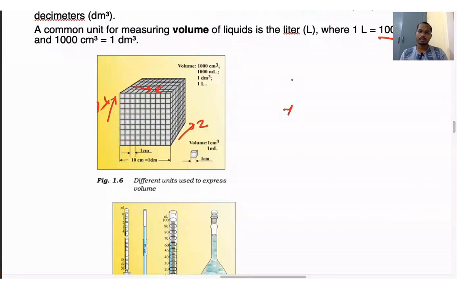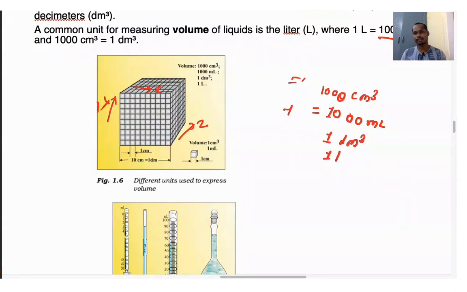So 1000 centimeter cube is equal to 1000 ml, or 1 decimeter cube, or 1 liter.